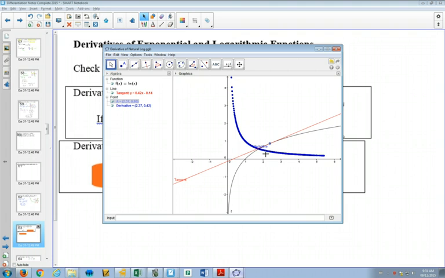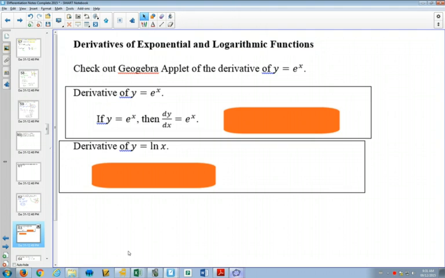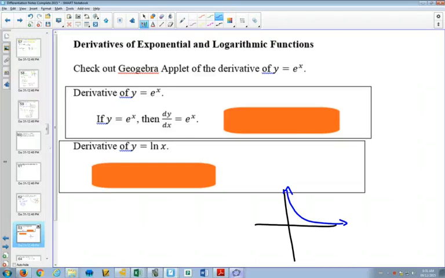Of course, the natural log of x's domain is just greater than 0, so you only have this part. The derivative that was drawn was this part. If I drew the other part of the graph, do you recognize it now?